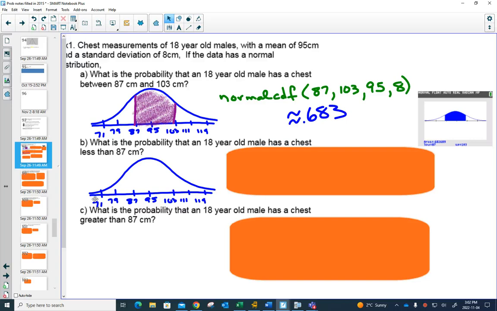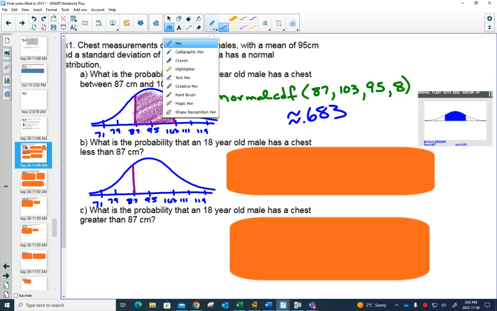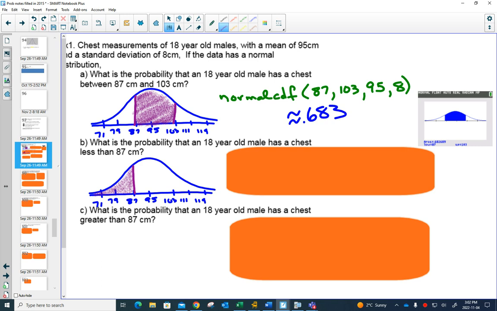And now on this one, it says, what is the probability an 8-year-old has less than 87? So if we drew it on here, took out our crayon. If you have never colored in with a crayon on smartboard before, if you need something to de-stress, I'm telling you, it is as enjoyable as it looks. It is very, very fun.